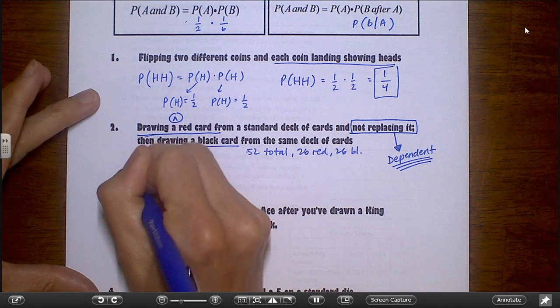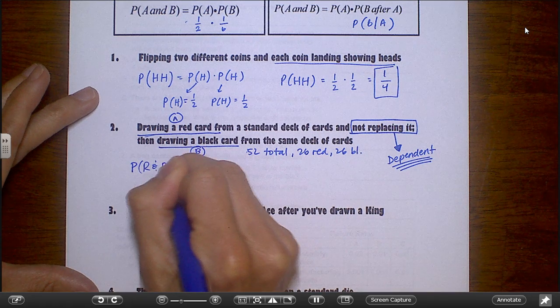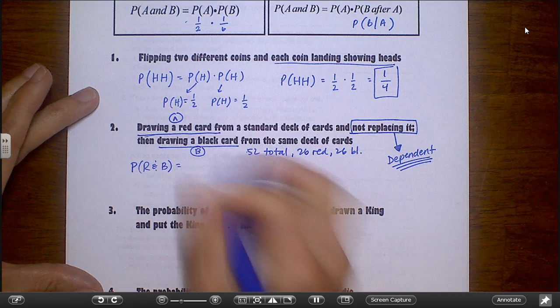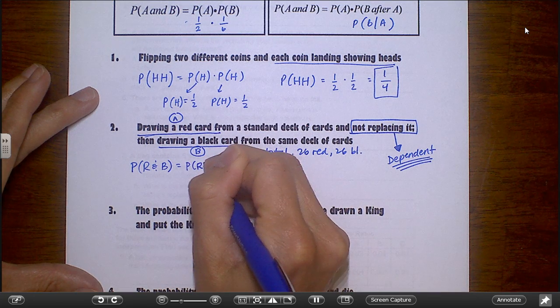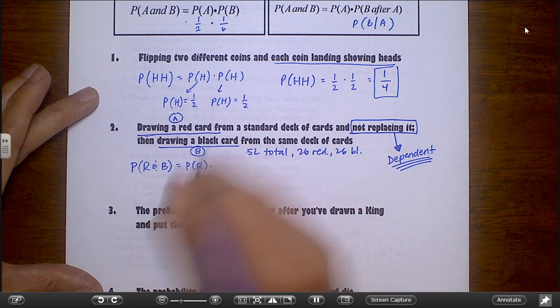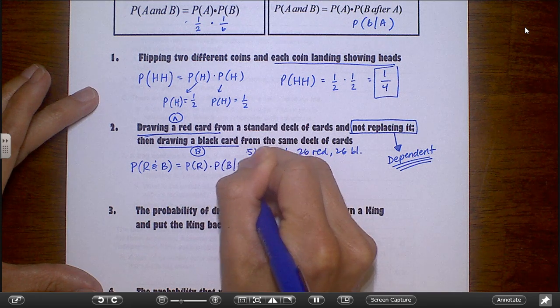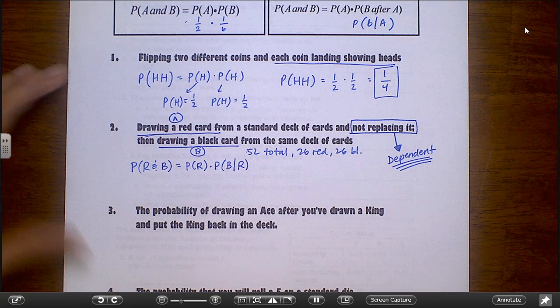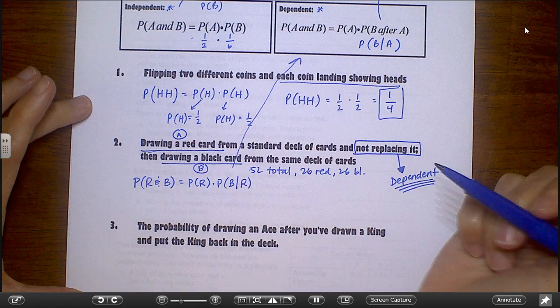Okay, so probability of red and black is the probability of red times the probability of black after or given red, right? Because it's a dependent event, so we have to use this formula up here.